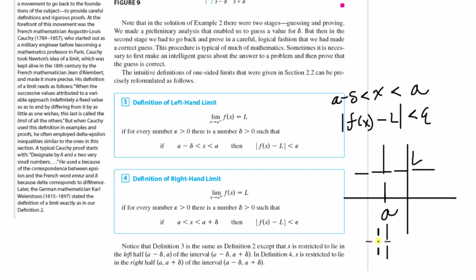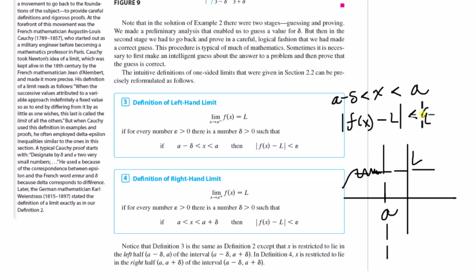From the left side of A, it could be coming in like this, or it could be doing something like this. We have no idea, right? So if we were coming from above, then f of x minus L is going to be positive. If we're coming from below, f of x minus L is going to be negative. If we're doing this, f of x minus L is going to be positive and negative. So we need to just leave it as the absolute value.